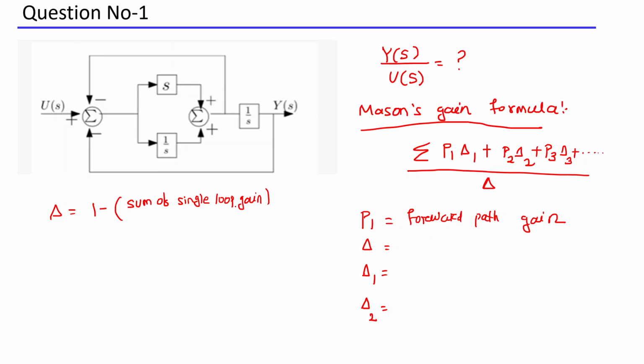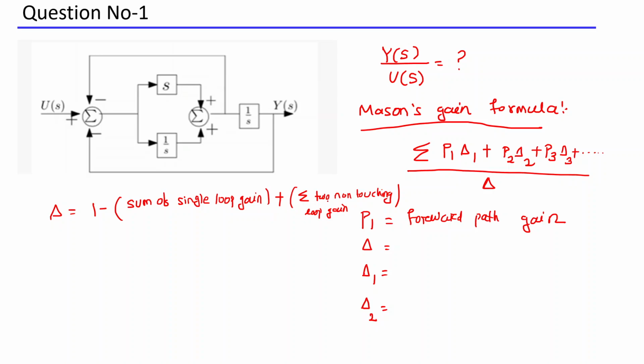Then I'm adding a plus: sum of products of two non-touching loop gains.